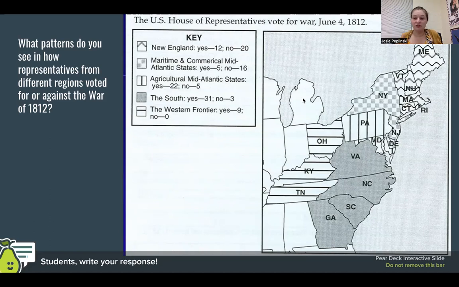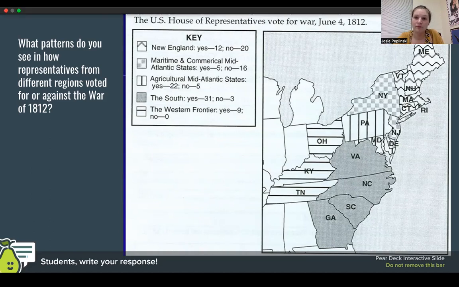Sectionalism is those differences between the North and the South that eventually lead to the Civil War. So again, the North has very different goals than the South, making them have very varying opinions on whether or not they should participate in war.